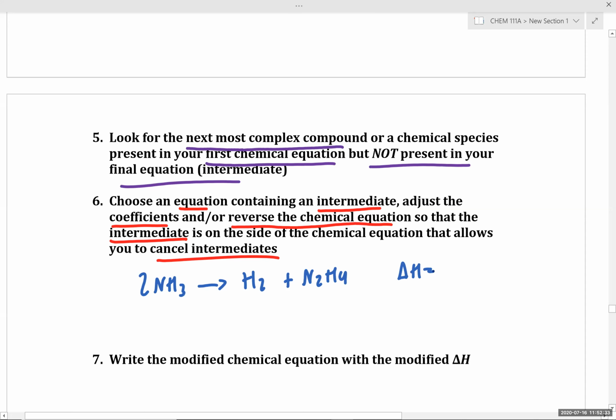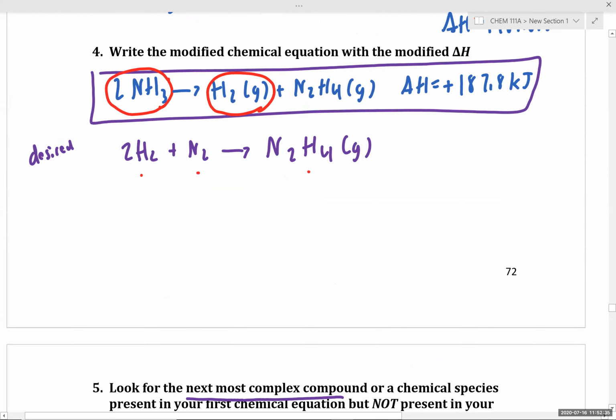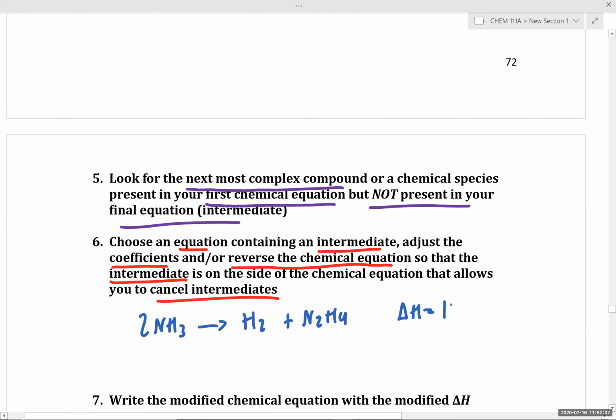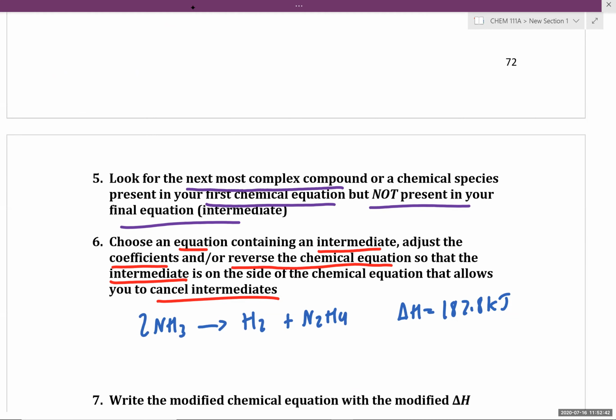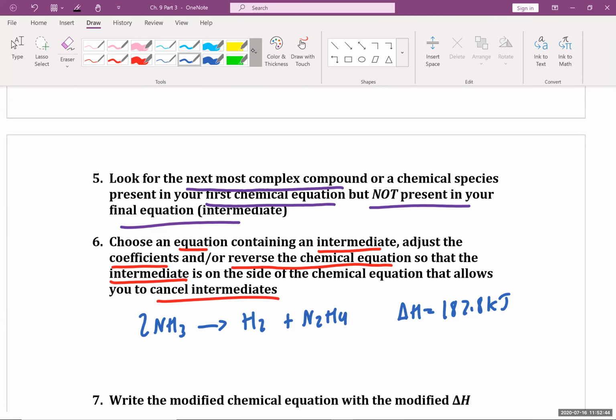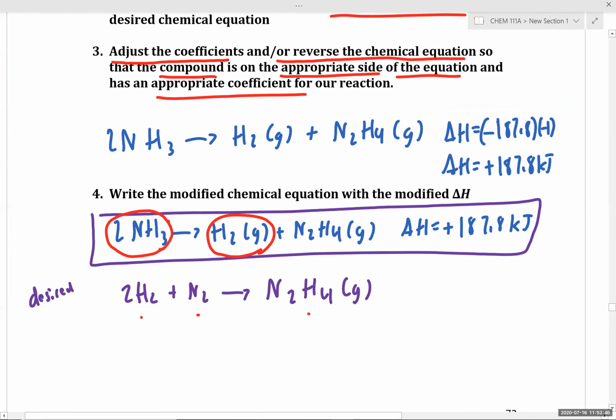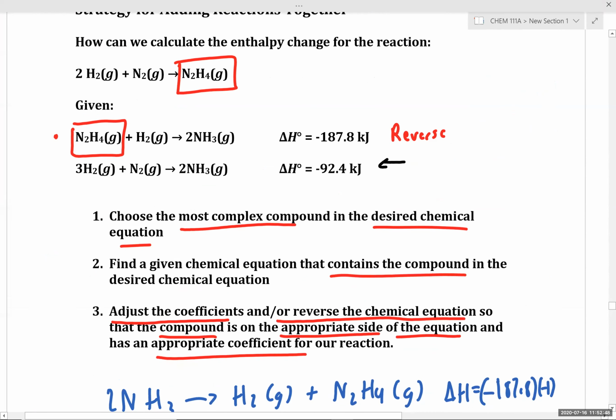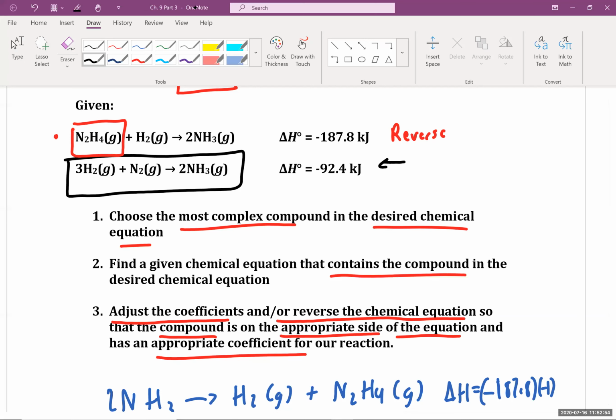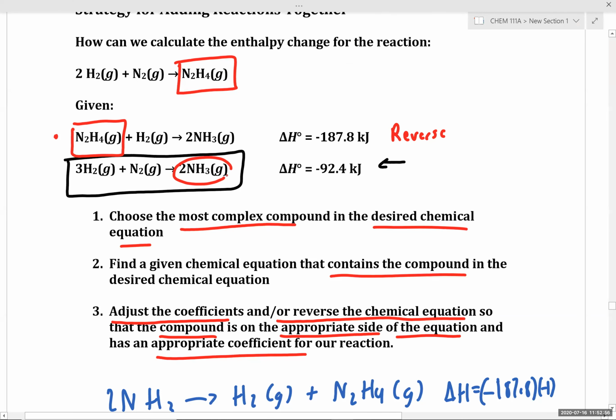Here we have our enthalpy of 187.8 kilojoules. We're going to go up to our chemical equation, and we see we have another equation given that has our ammonia and it has our hydrogen, okay?